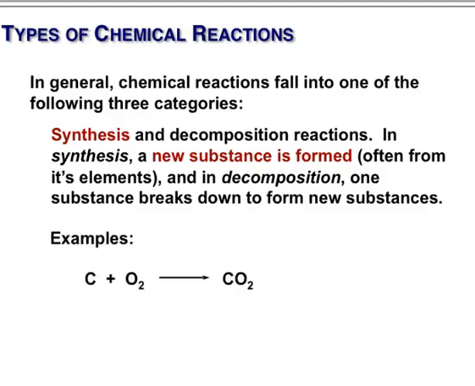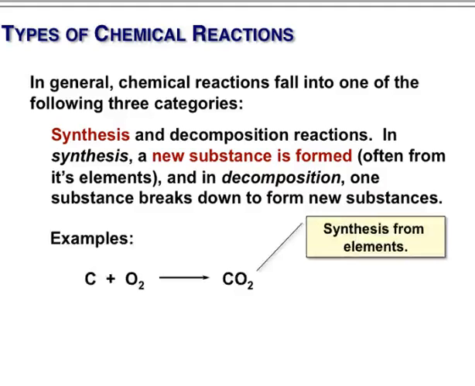An example, if we take carbon and oxygen, we can react them and form carbon dioxide. We refer to this specifically as synthesis from elements. We'll also see later that this is called an oxidation reduction reaction.